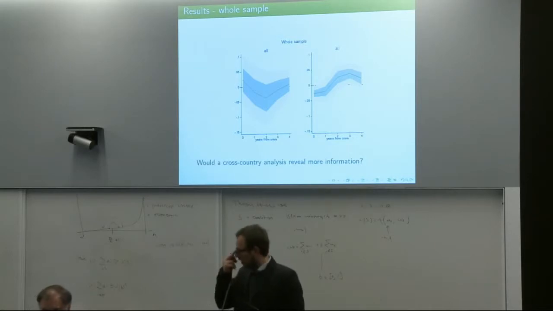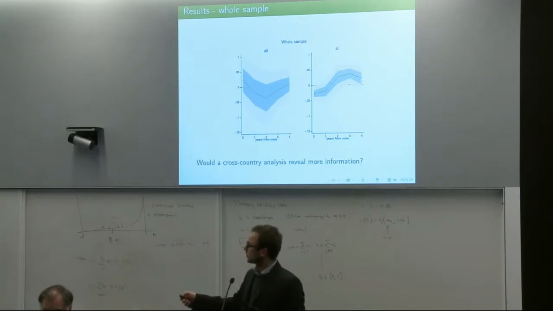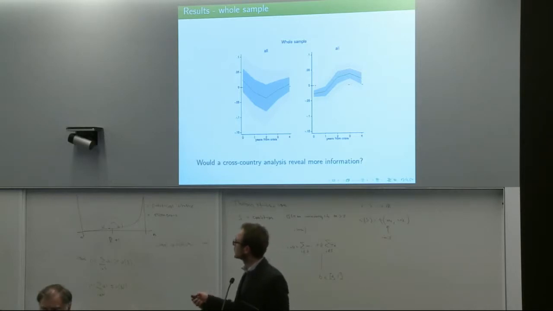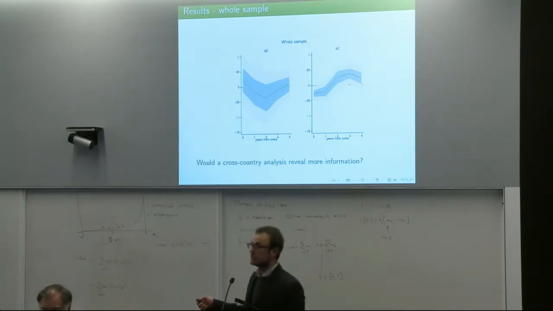This is the results for the very top of the distribution. This is the impulse response function, so the response of top shares to the impulse of the crisis. The bands here are the classic 90% to 95% confidence interval calculated through bootstrapping. And the left panel represents the impact of crisis on the very, very rich.